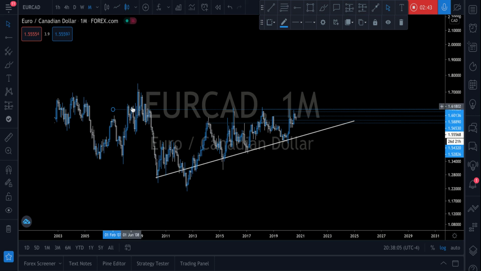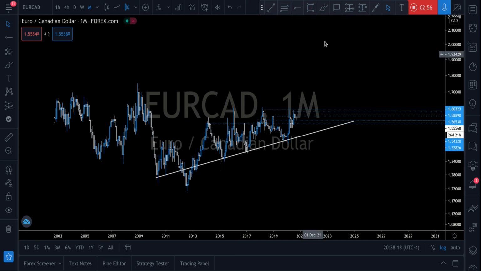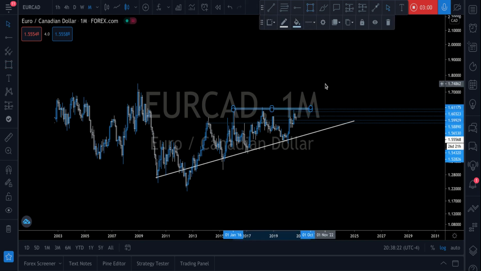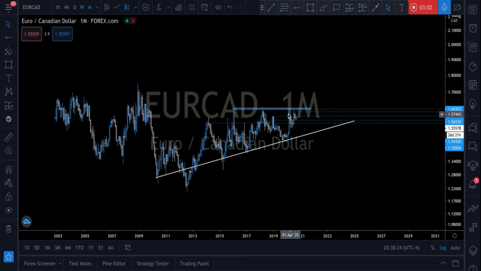We could see that this area was potentially resistance once, twice, and then it turned support right here, but it's a little too crowded and congested for us to use this as a significant area of structure. So we're just going to come back over here and talk about this wick and then this candle close. So right here is our new resistance level. You can see we already tested it once, twice, and three times right here.